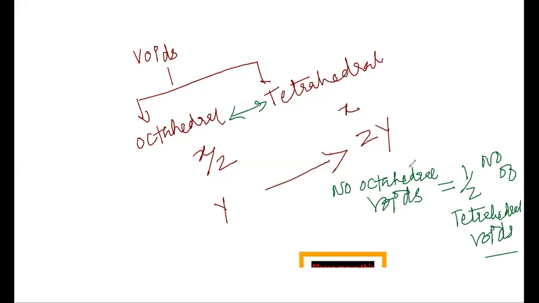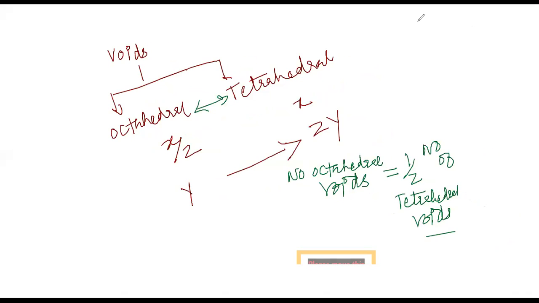So this is how, my dear students, the relation between octahedral void and tetrahedral void is that the number of octahedral voids is equal to 1 by 2 the number of tetrahedral voids. Or we can say that the number of tetrahedral voids is equal to 2 multiplied by the number of octahedral voids.